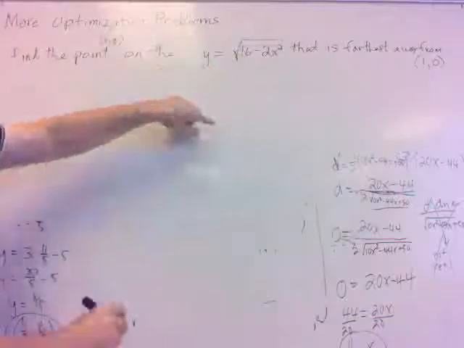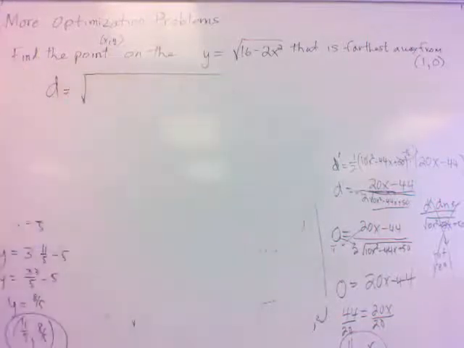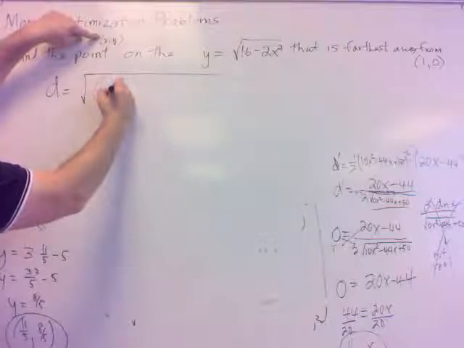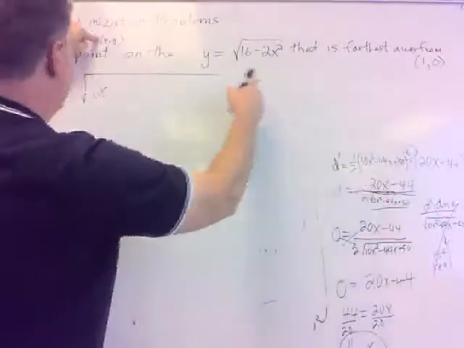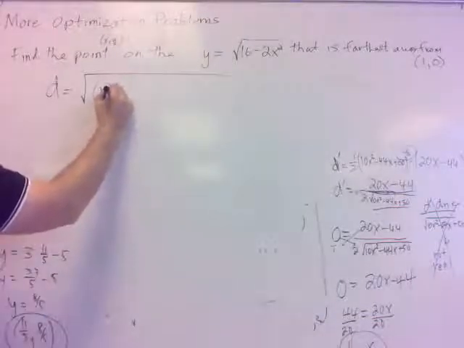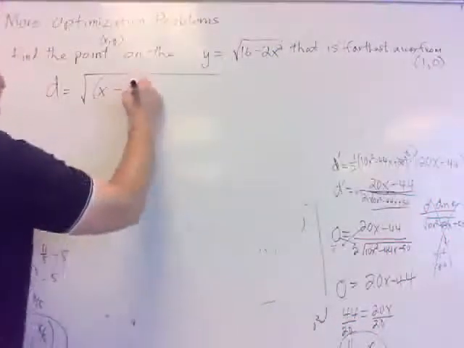So again, the distance that I want is the distance between points. So I'm going to take the distance of this point from that point, so that would be the square root of x1 minus x2 squared plus, same formula. The x1 is going to be x, the x2 is 1.